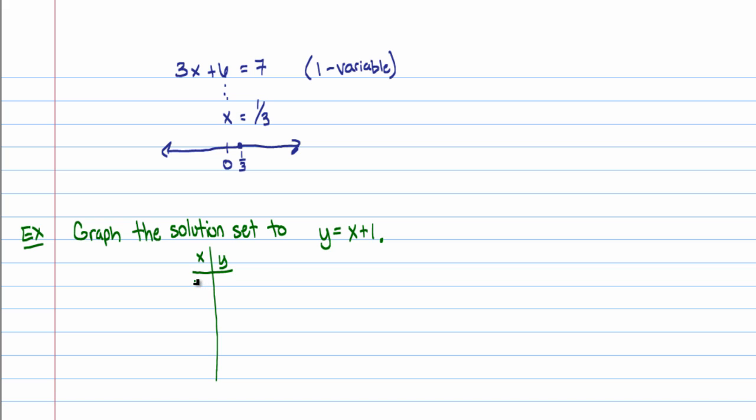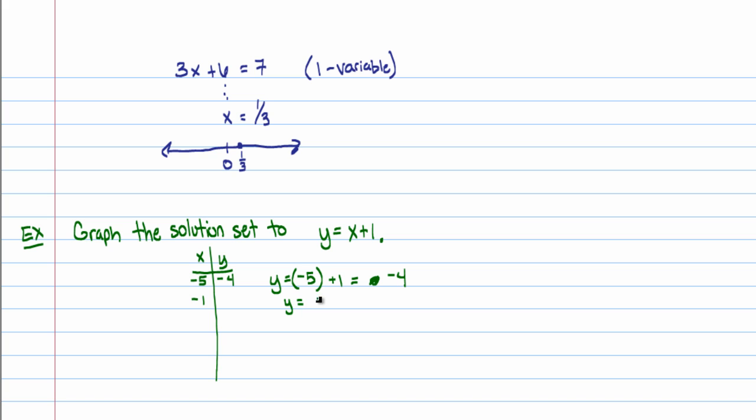So let's choose some values for x. Really, you could choose anything you want for x, like -5 if you wanted to. If you let x = -5, then you see that y would be -5 + 1, or in other words, -4. You could also let x = -1.